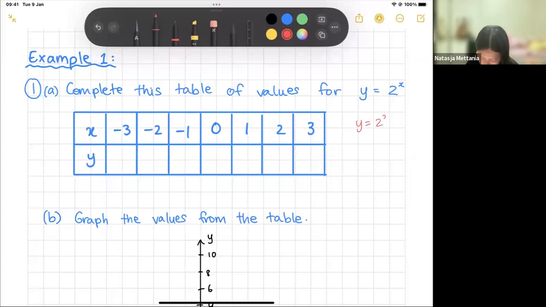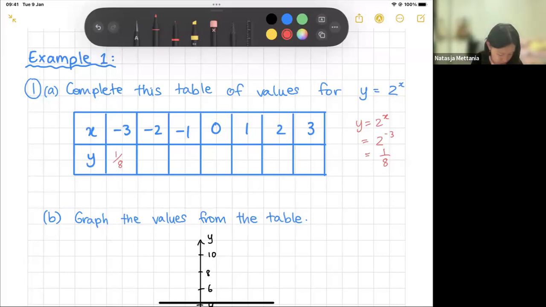So if x equals -3, I'm going to put 2 to the power of -3 into the calculator, and that should give me 1/8. If your calculator comes up with a decimal, just press the SD button, which is above the delete button. That will change it from a decimal to a fraction, or a fraction to a decimal. So I'm going to write down 1/8.